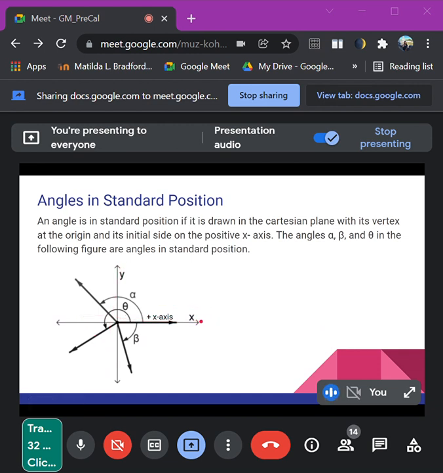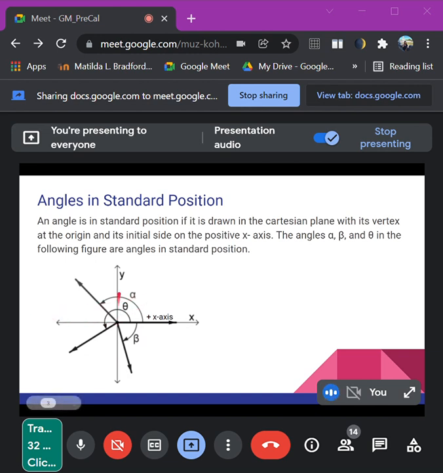As I have said earlier, class, an angle's initial side must start at the positive x-axis, right? This is the positive x-axis, and to the left of it is negative.